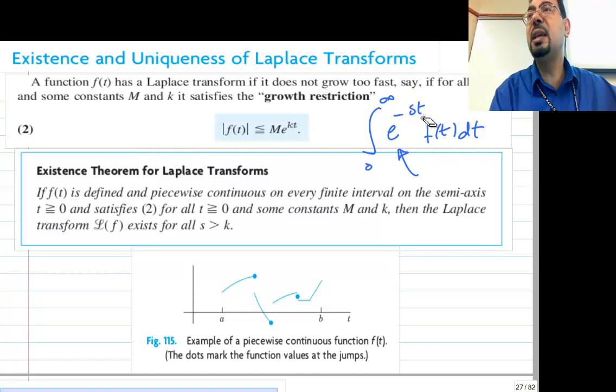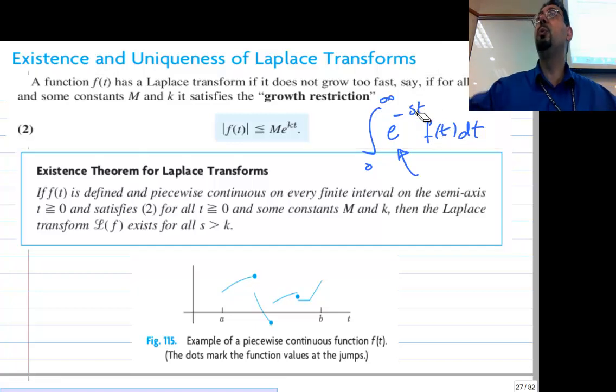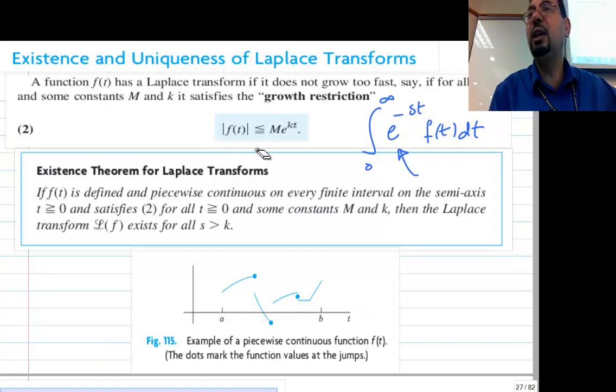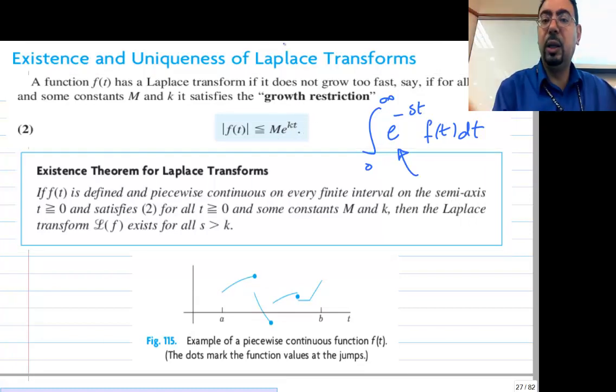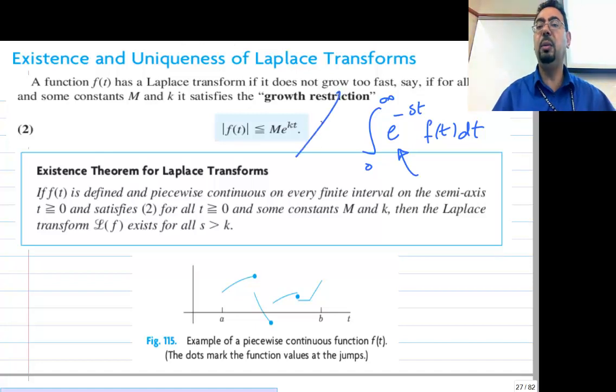So e to the minus st should be strong enough to kill the growth of this thing, so that it wouldn't blow up to infinity. Basically saying that f of t should be smaller than e to the power kt. That's a function that can get really, really big, right?